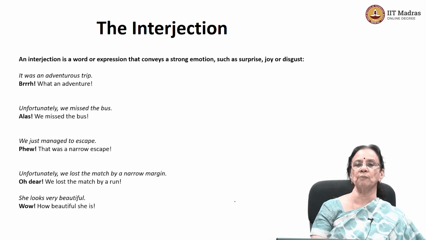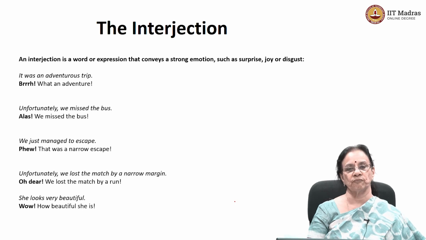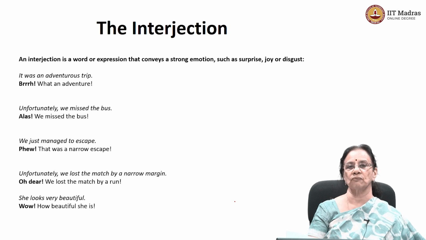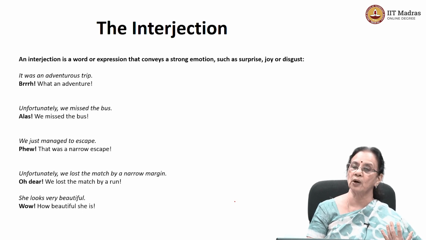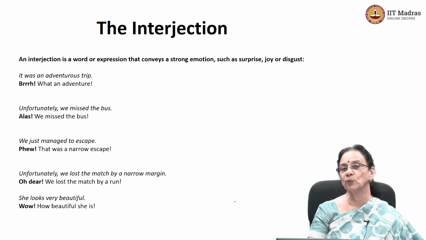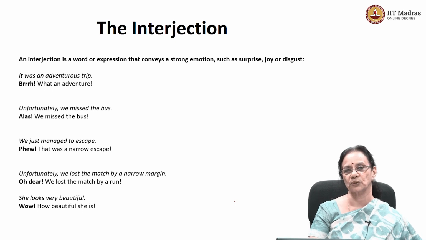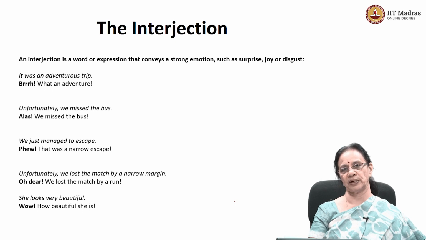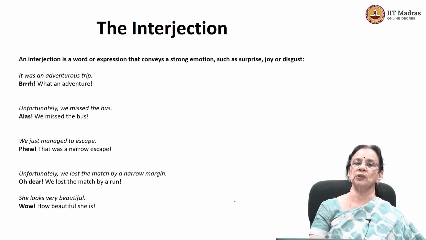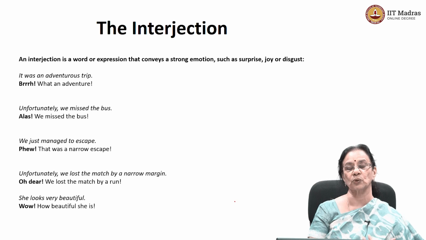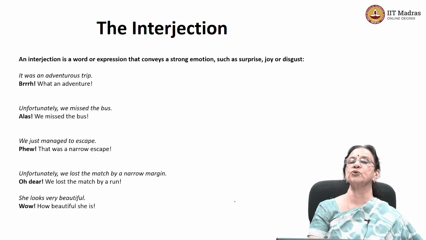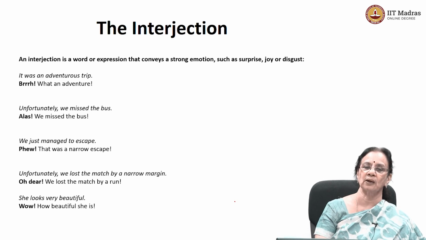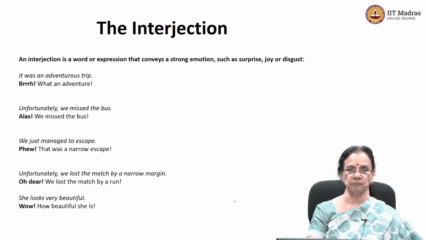Now, what we have to remember about the interjection is we don't use interjections in formal situations. We use them only in very casual setups, or definitely we don't use them in formal writing. So, the way you say the sentence also should match the exclamation mark to bring out the meaning in a very good way.